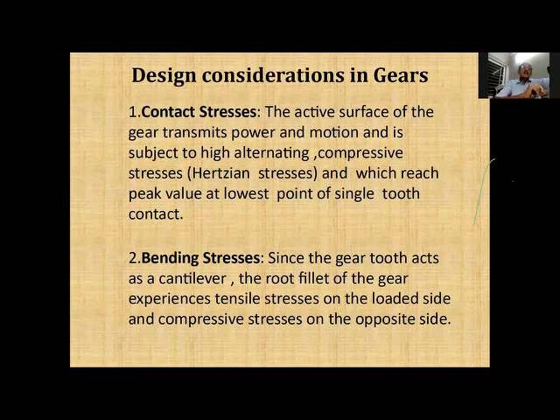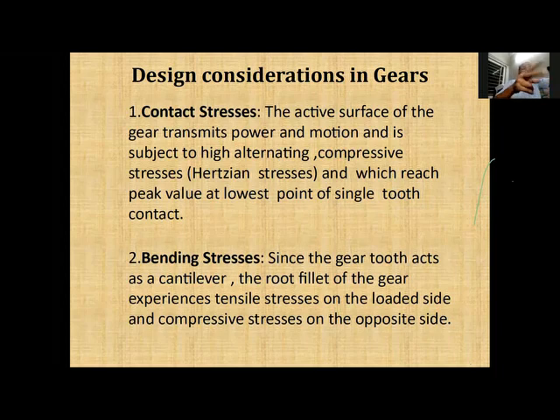The second one, naturally, is the bending stress at the root fillet. Because the gear tooth is a cantilever, the loaded side is very highly loaded at the root fillet, and that stress has to be looked at while designing the gear.